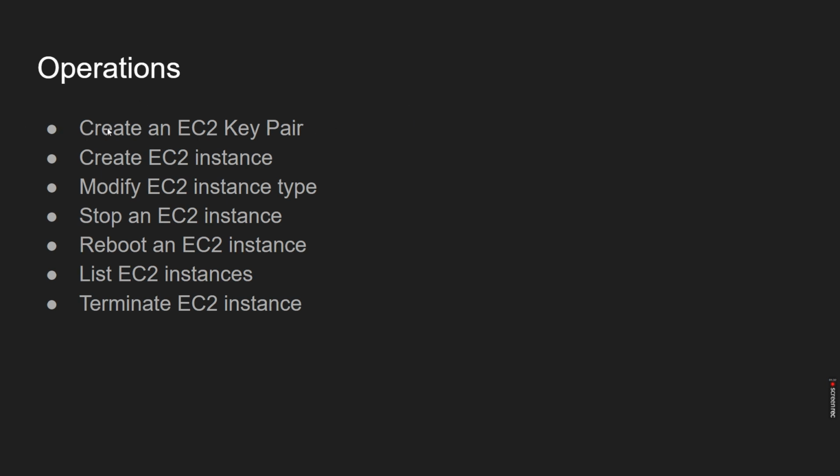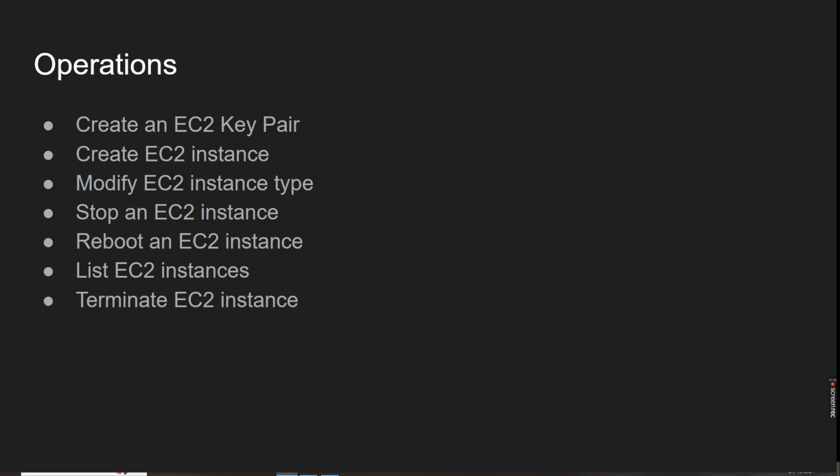First we'll see how we can create an EC2 key pair. The key pair is what we use as the default authentication for Linux based EC2 instances. So we need to generate this key pair.